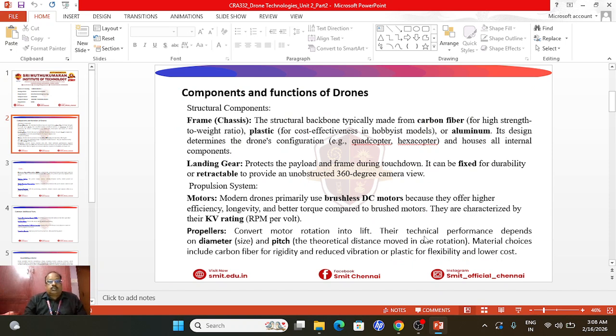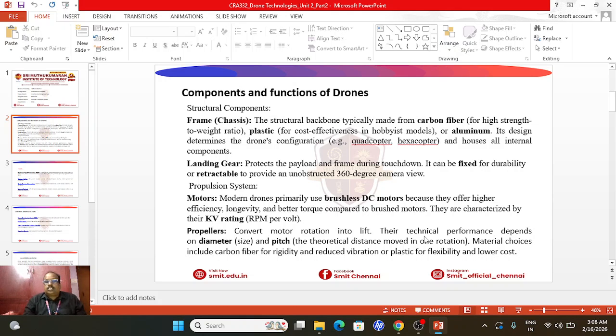So here, the components discussed are, first, the frame, such as a chassis, the structural components, the backbone, typically made from carbon fiber for high strength to weight ratio, plastic for cost effectiveness in hobbyist models, or aluminum.